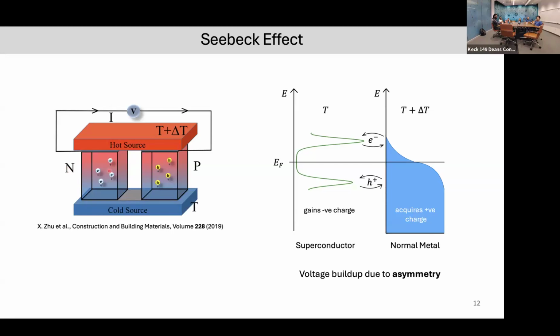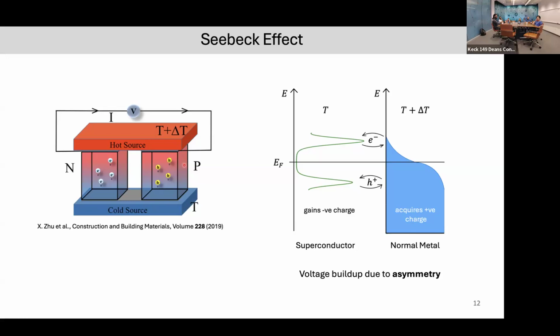And N means that this material has electron-like charge carriers, and you have another material which has hole-like charge carriers. Now, since there is a thermal bias applied here, and since electrons are the particles that enable the thermal current across a material, the electrons will move toward the colder side. So this side will be left positive in charge as a result, and this side will get negatively charged.